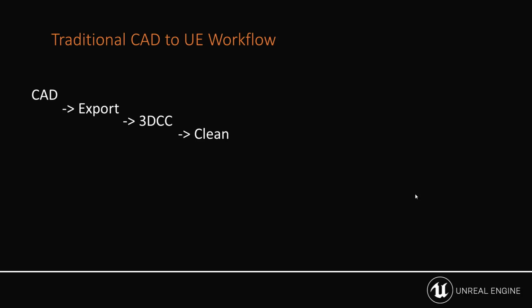Of course, once we get into that 3D content creation package, a couple of things need to happen. The data needs to be cleaned up typically. Quite often CAD data and the way that surfaces might be built in an automotive workflow, for example, they don't typically come over as clean as they are in those packages. So that translation, or something lost in translation for that matter, can end up having an impact on your data.